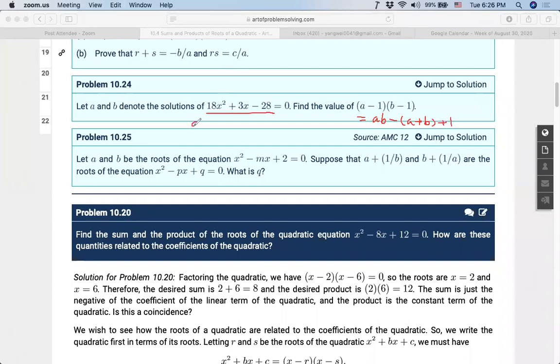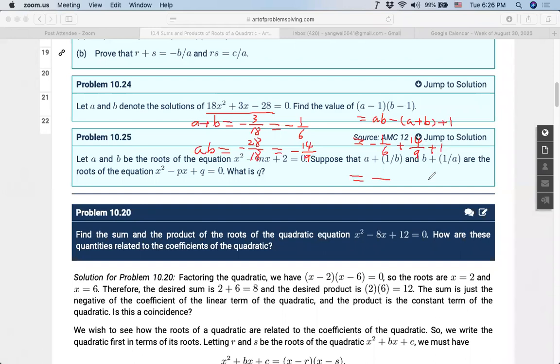From this quadratic equation, the sum of the solutions equals negative 3 over 18, which equals negative 1 over 6, right? The product of the solutions equals negative 28 over 18, which gives us negative 14 over 9, right? So then we plug in: negative 1 over 6, minus, now change to plus 14 over 9, then plus 1.